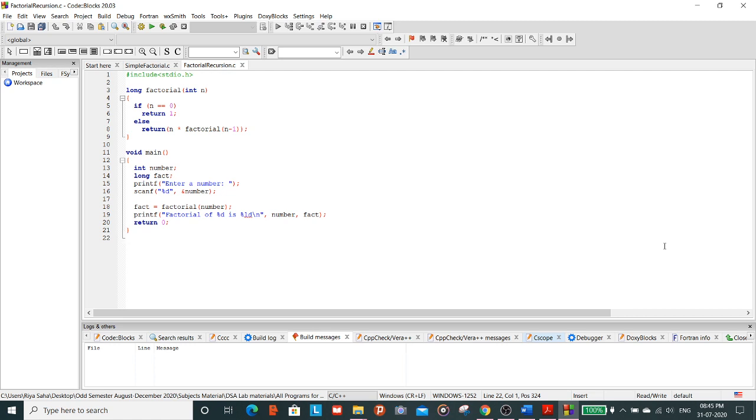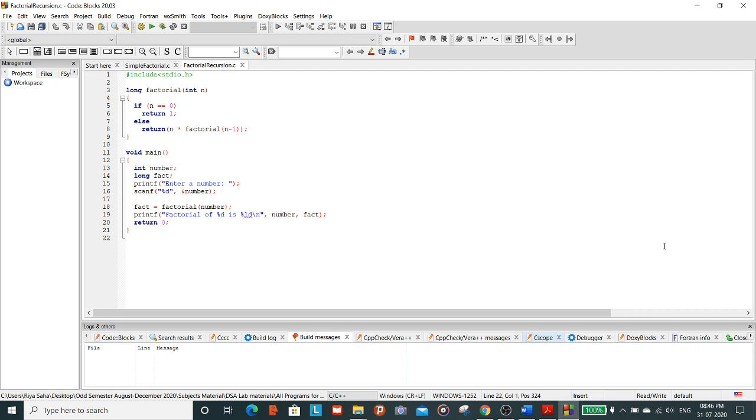Now, what is a factorial number? In general, the factorial of n is the product of all positive descending integers. In simple language, the product of all positive descending integers is known as the factorial of that number n. For example, we can say that n is equal to 5.